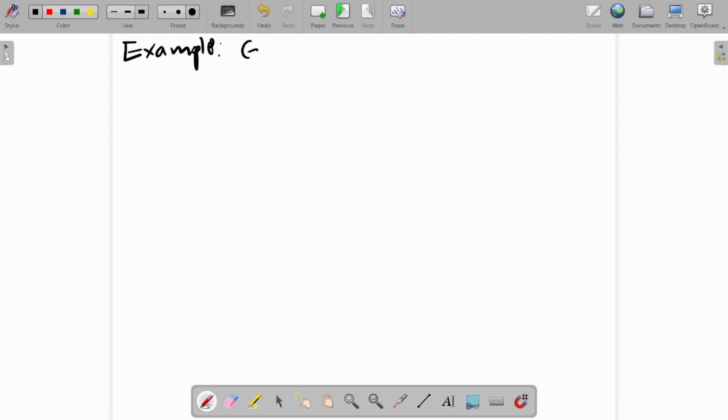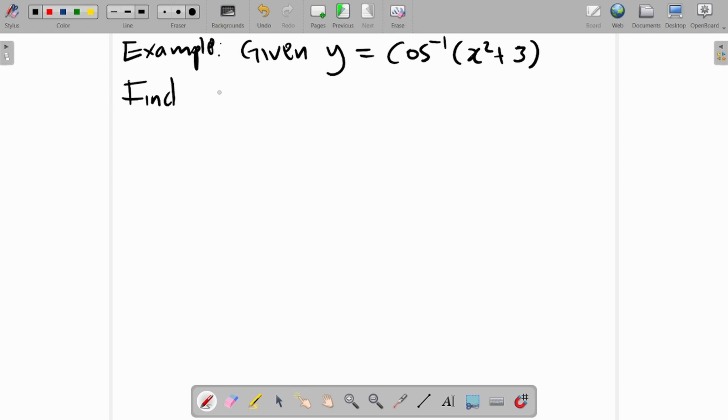Okay, if you're given, say, y is equal to cos inverse of x squared plus, let's say, 3, to find dy/dx, the derivative.